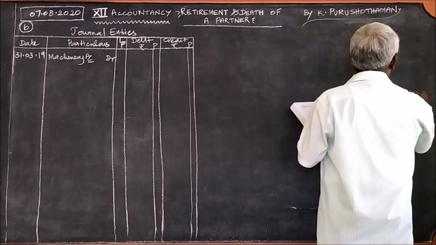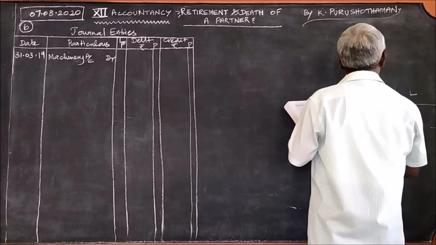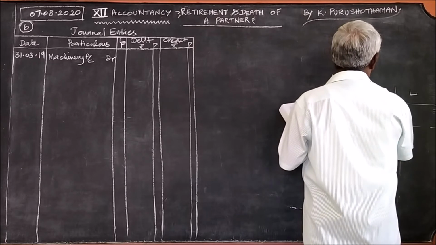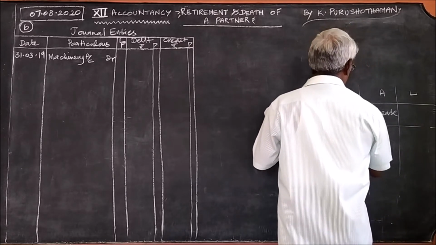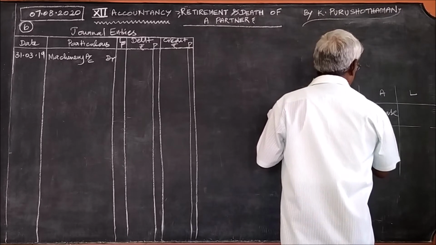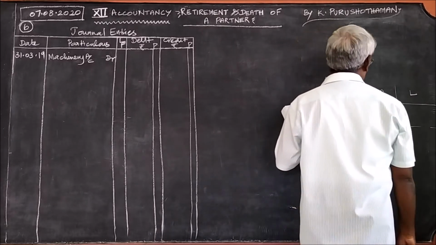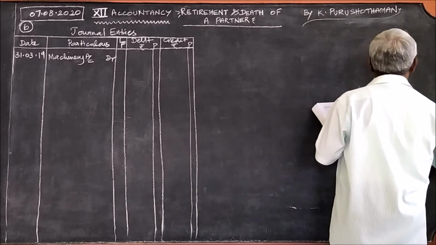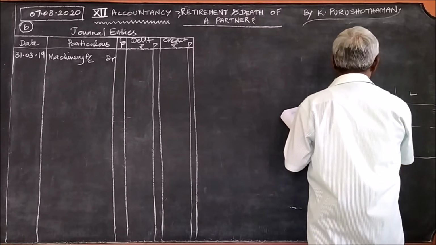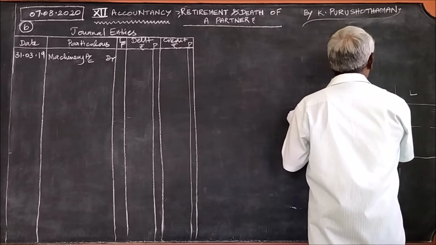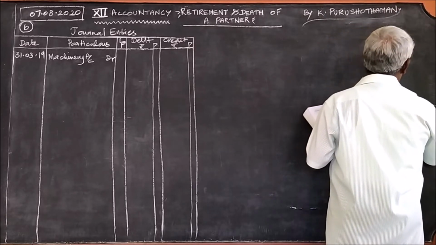Asset, liability. Here, for the asset increase, it is profit. Value decreases, it is loss. It is just opposite for the liability. When the liability decreases, it is a profit.